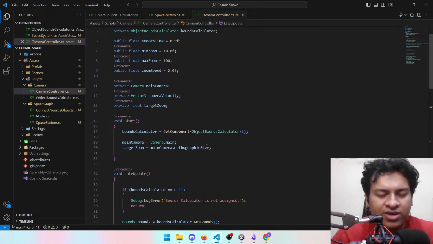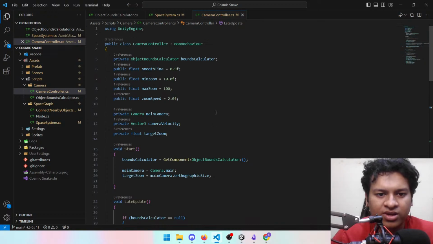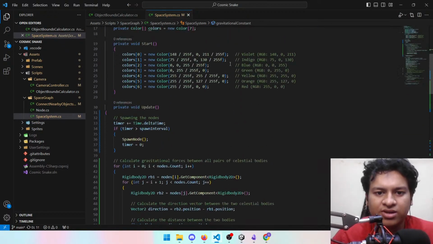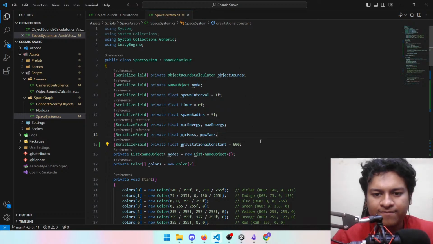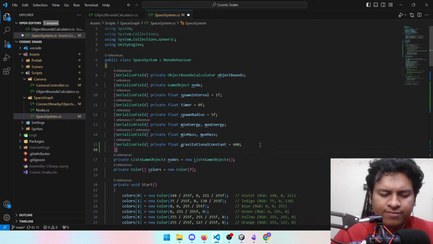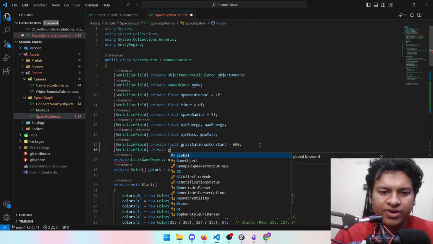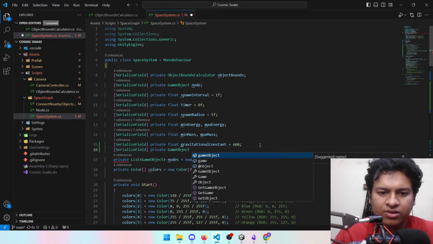Okay, what am I gonna do here? Wait, this is the wrong script. This is the right script. I'm gonna serialize it. Private GameObject 4.